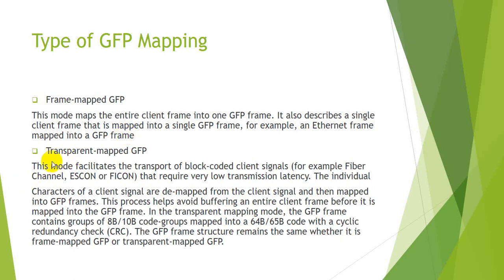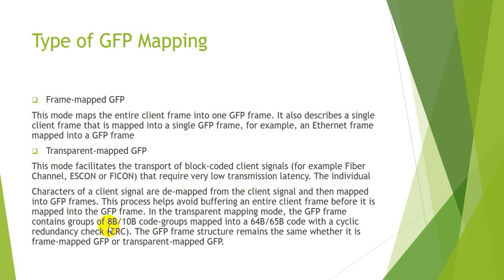Another mapping type is transparently mapped. This is mapped in terms of block codes taken from the client frame, and then mapped to a different size of frame.